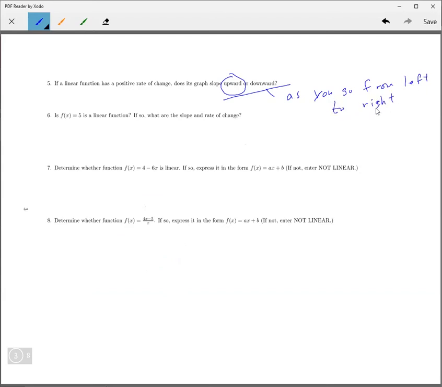It's sloping upwards, so it's going to be a line like that. Going from left to right, it's going up. If you go from right to left, of course, it's going down, but left to right is usually the positive direction.